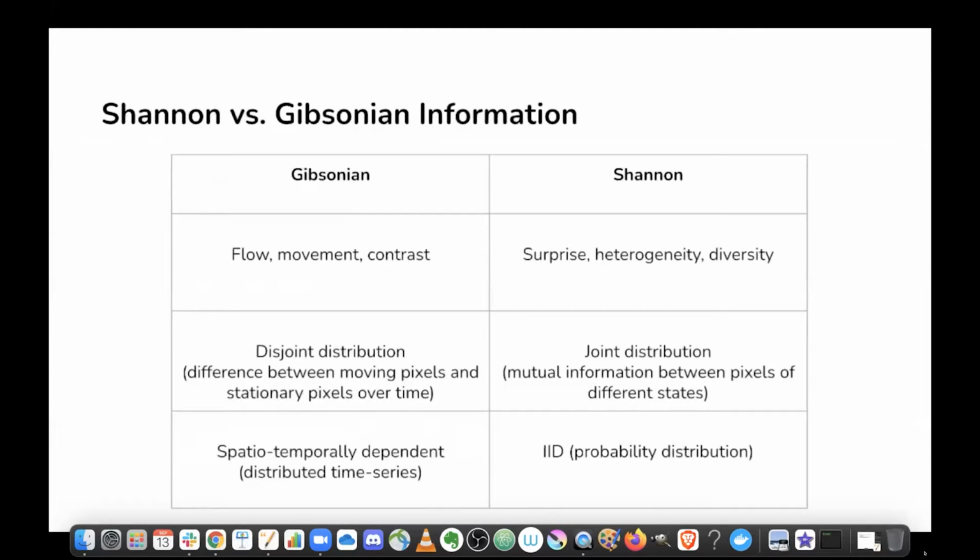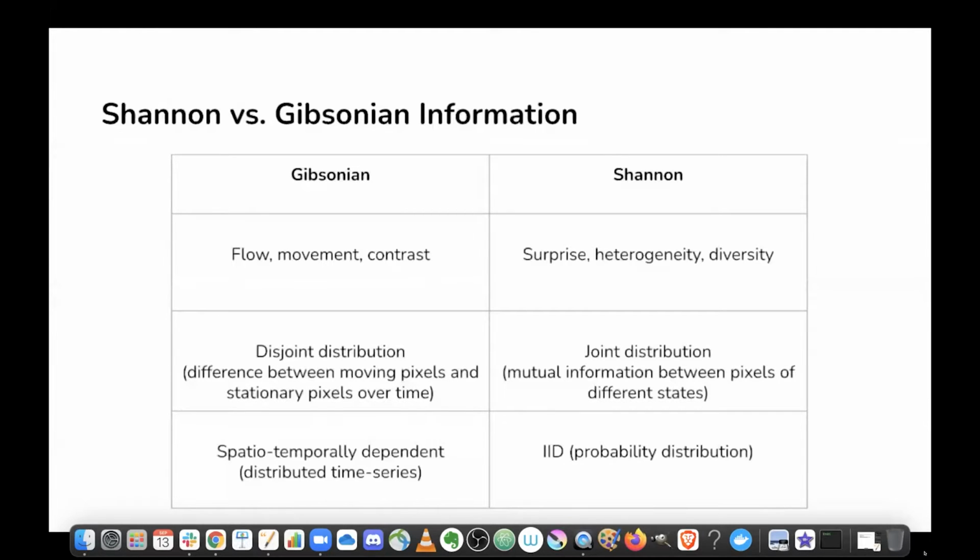Whereas in Shannon information, at least in mutual information, we're more interested in the joint distribution between sets. Finally, in Gibsonian information, all the information is deeply spatially and temporally dependent. This might come in the form of a time series distributed in space, or some other highly structured information coming in, whereas Shannon information is generally independently distributed according to some normalized probability distribution instead of something exponential.